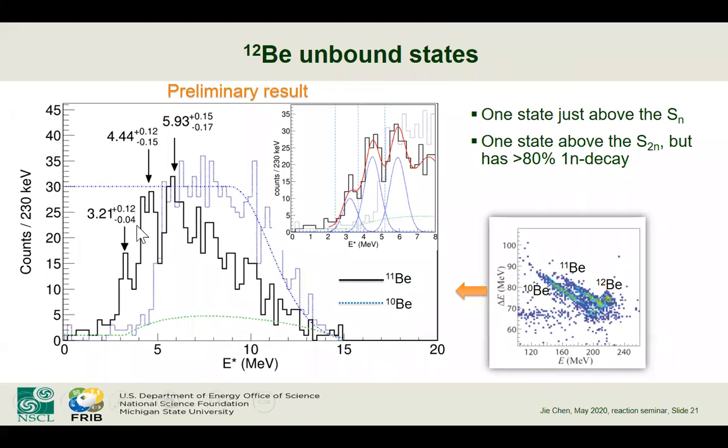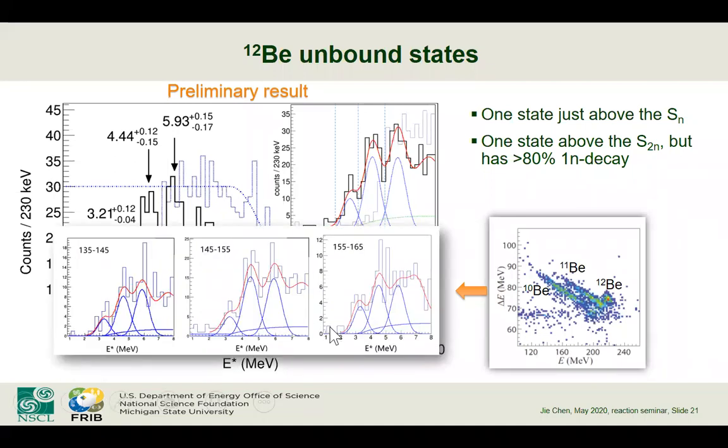The other state is about the 2 neutron separation energy, but has a very large decay branching ratio with emission of 1 neutron. So in order to validate the existence of these 2 states, we look at the spectrum at a different laboratory angle, and the peak positions of these 2 fitted states vary within about 20 keV.